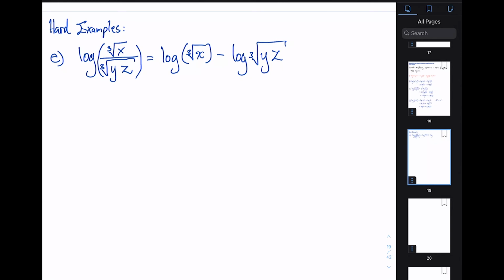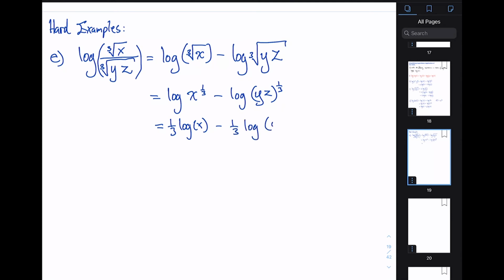Okay, so then this simplifies to log of x raised to the 1/3 power minus log of yz raised to the 1/3 power. We can now apply the power law of logarithms. So this becomes 1/3 log of x minus 1/3 log of y times z. But what is the log of y times z?